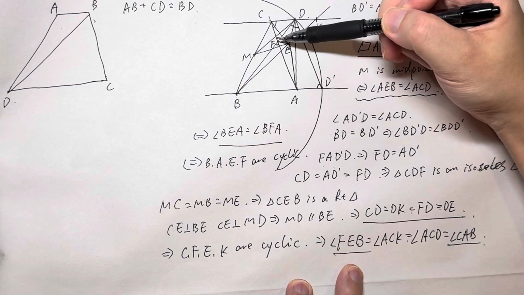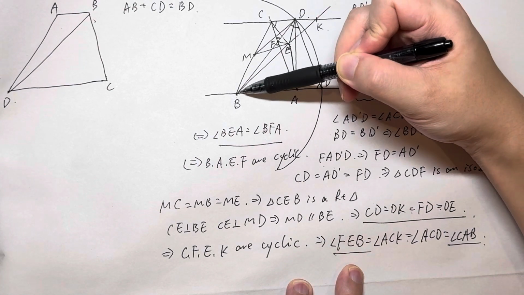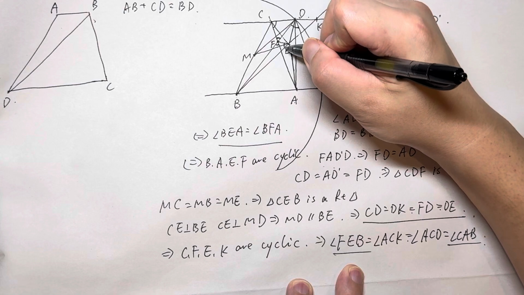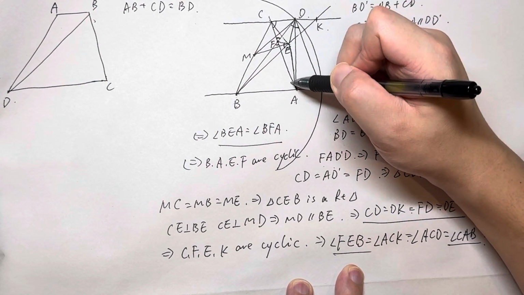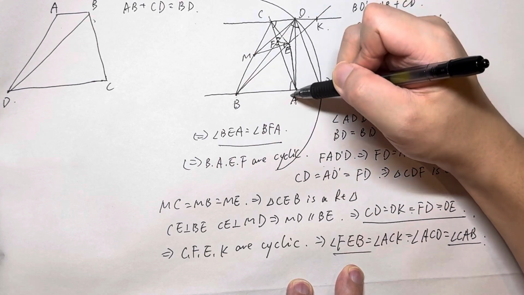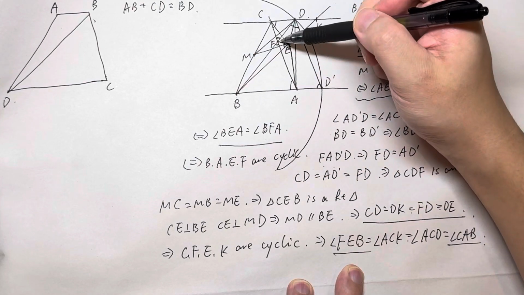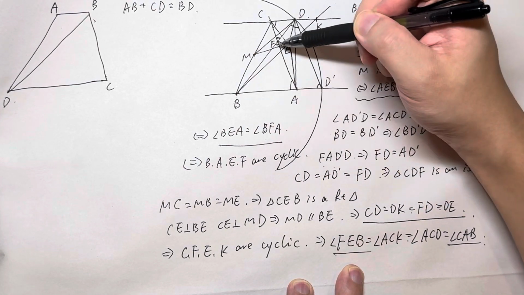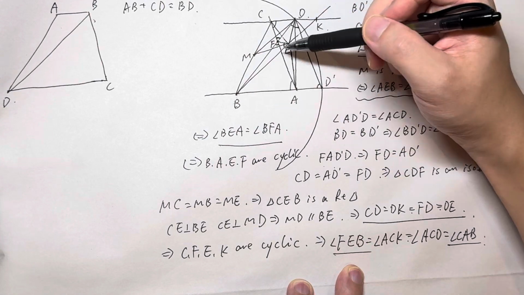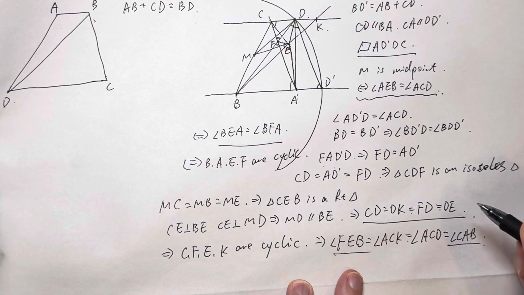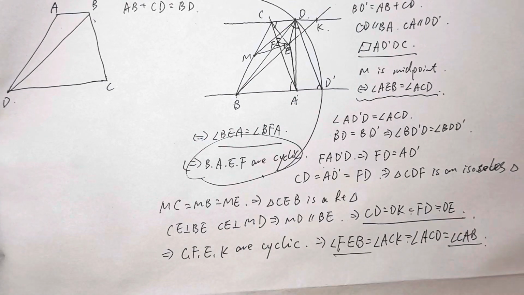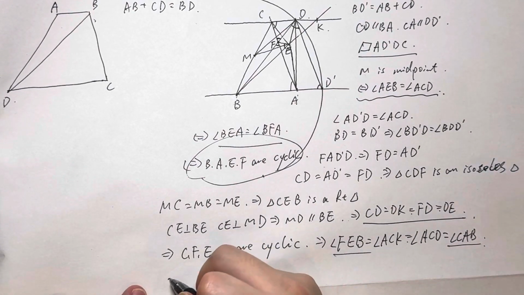So we know that angle FEB equals angle ACD equals angle BAC, which means angle FEB equals angle FAB, which means FBAE are cyclic, right?